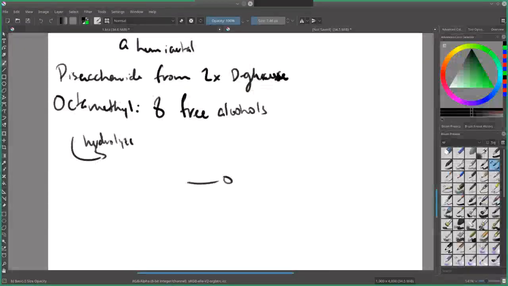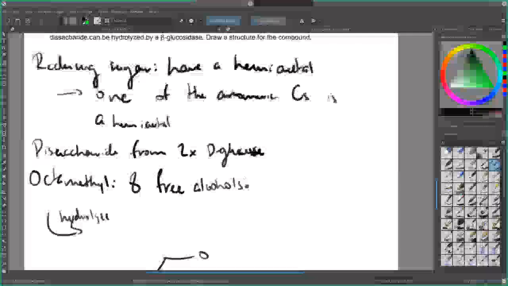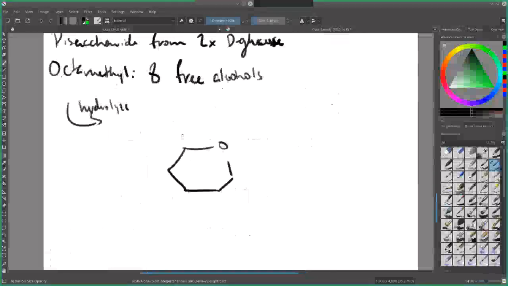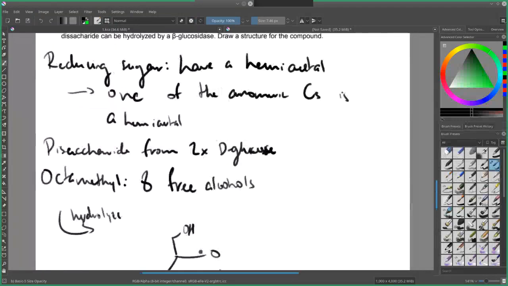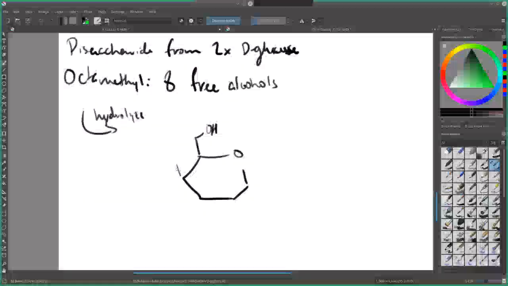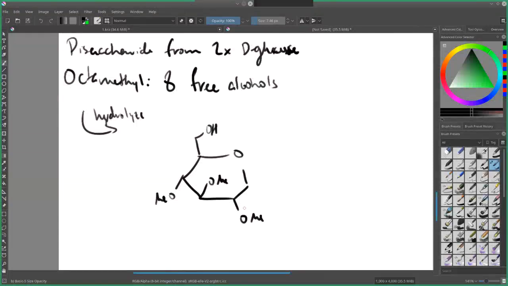So here was an OH. They didn't say anything about the 6 carbon, right? So this is the 4 carbon, the 3 carbon, and the 2 carbon were the ones that we get out.